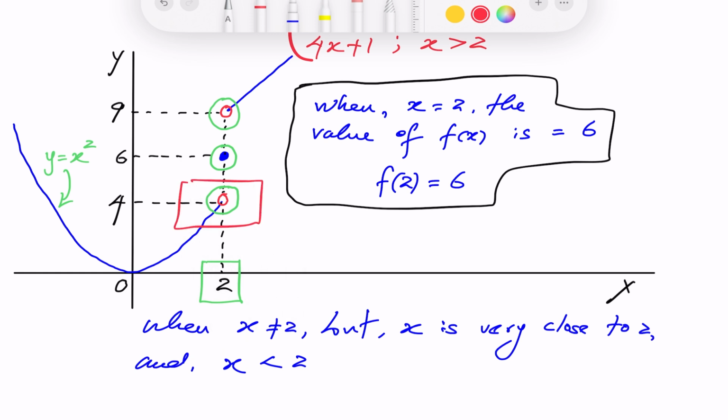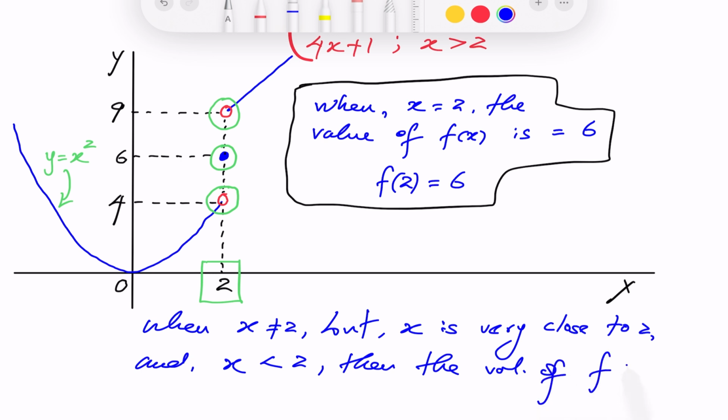That is this point. So I can write that then the value of the function f of x is equal to 4.